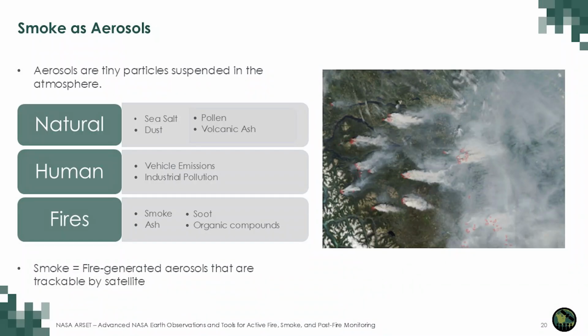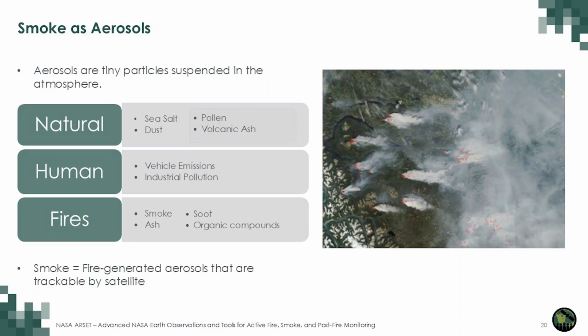So let's get started. First, I wanted to just establish our foundation that when we talk about aerosols, we're referring to tiny particles suspended in the atmosphere, and these come in many forms. We have natural aerosols like sea salt from ocean spray, dust from deserts, pollen from plants, and volcanic ash.